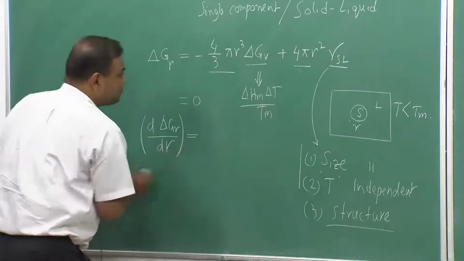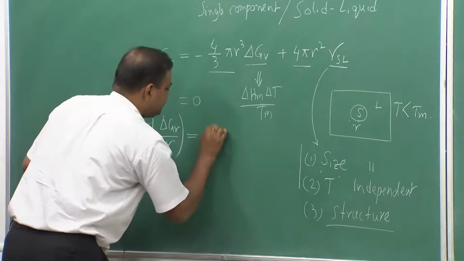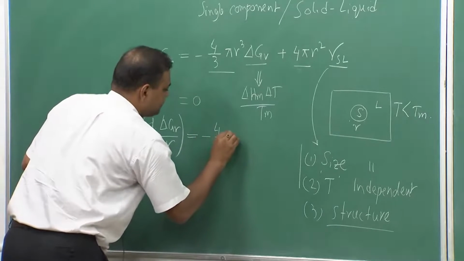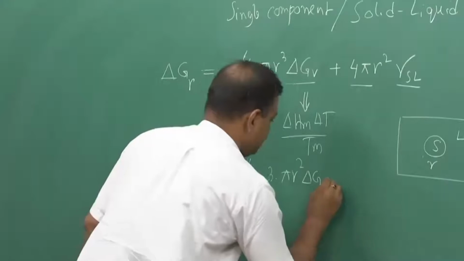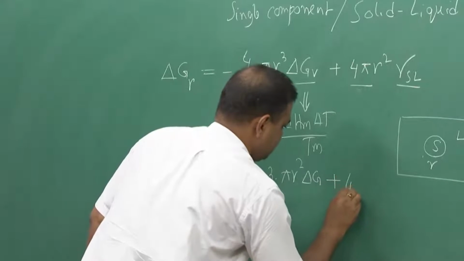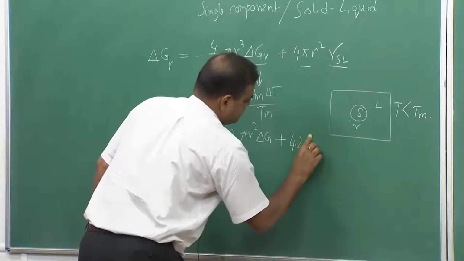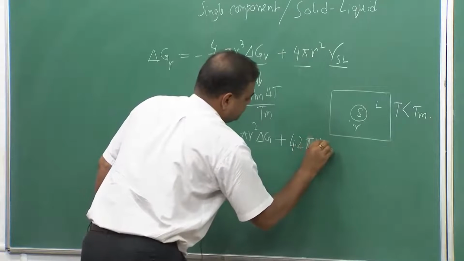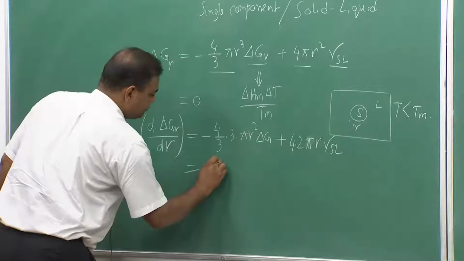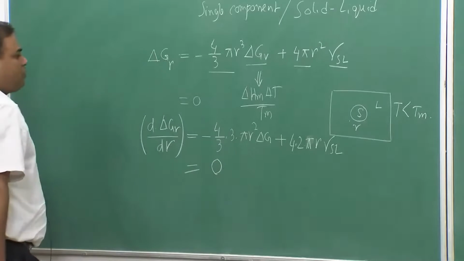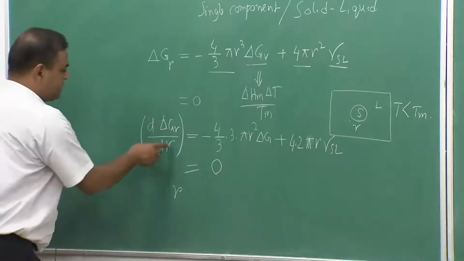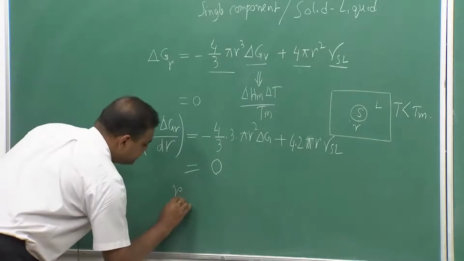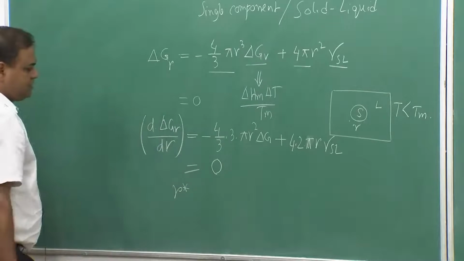At the critical point, the slope becomes 0, and when the slope becomes 0, we consider that as r star.